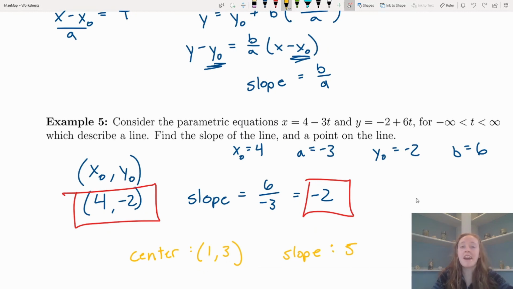For b and a, get creative, because 5 could be anything from 20 over 4 to 100 over 20. There are so many different ways to come up with that slope of 5. So have some fun and come up with your x equation and your y equation, those parametric equations.